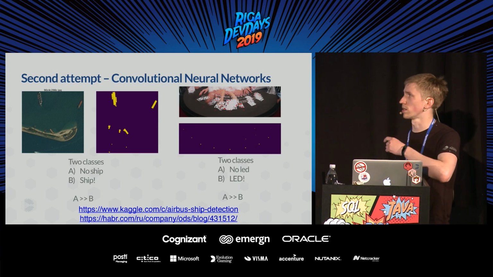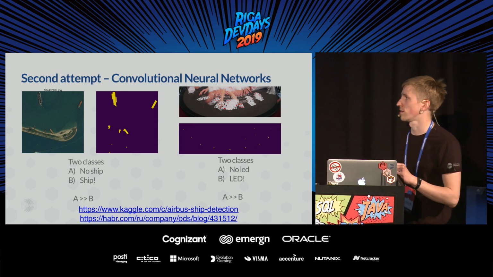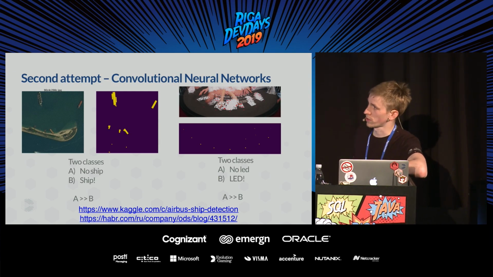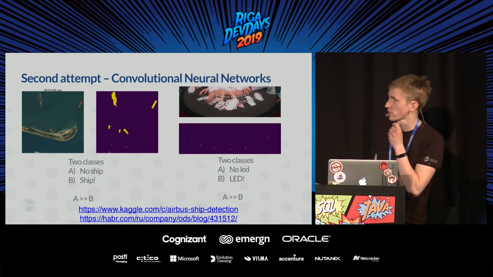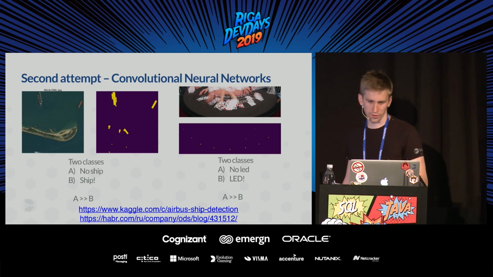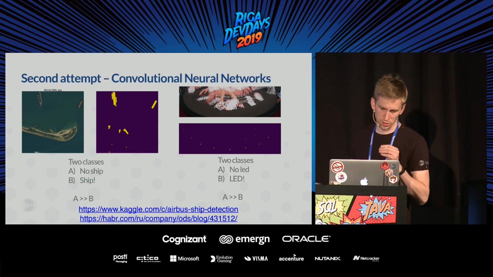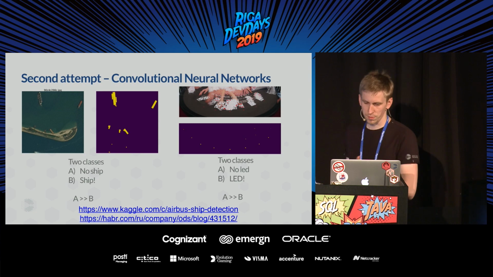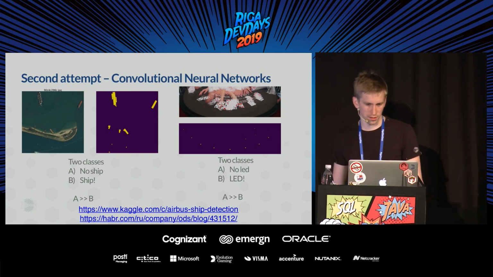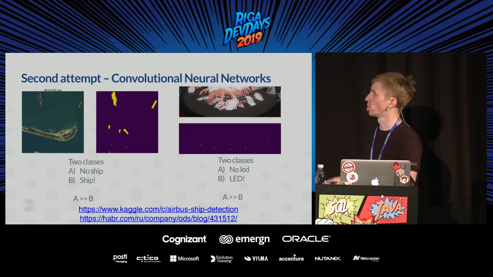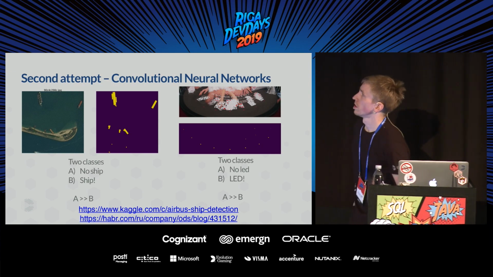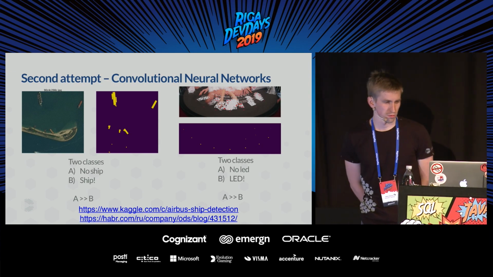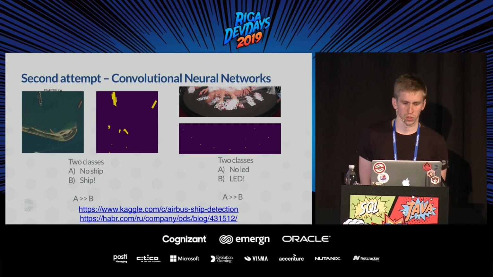In yellow the ship was colored, and in violet the no-ship area. And I thought, we have a similar case, because the area of the ship in the sea is so small, the same as ours. The LED has a very, very low amount of pixels if we count against the full image size. And we tried this approach.